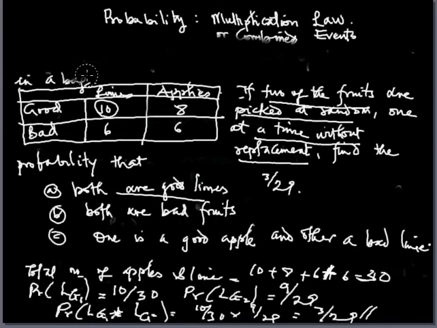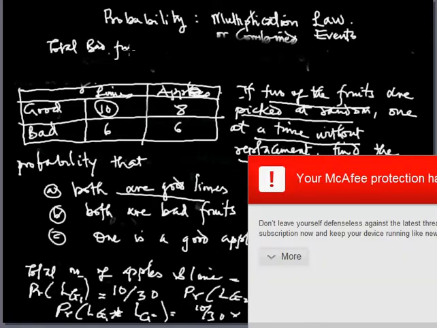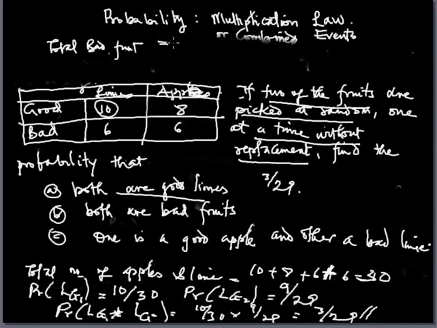That's what the question is asking us. So this is bad, this is lime, this is apple, this is apple. The total number of bad fruits is going to be 6 plus 6, which is equal to 12.